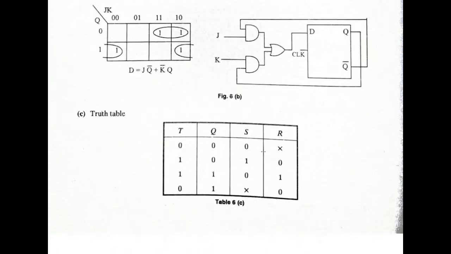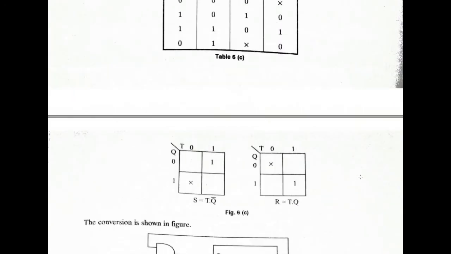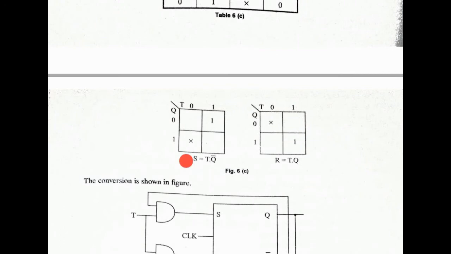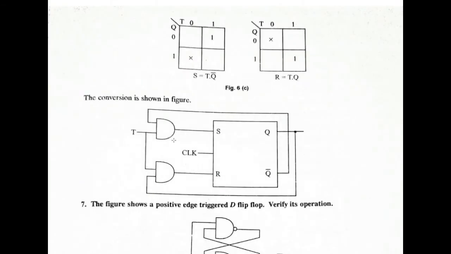In the third part there is a toggle flip-flop and an SR flip-flop. This is the combined truth table. After making a K-map, we find that S equals T dot Q bar and R equals T dot Q. So here the input S is connected by an AND gate, which has inputs T and Q bar.